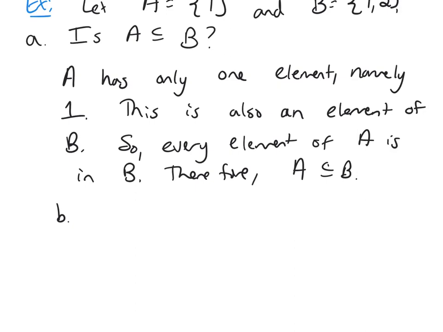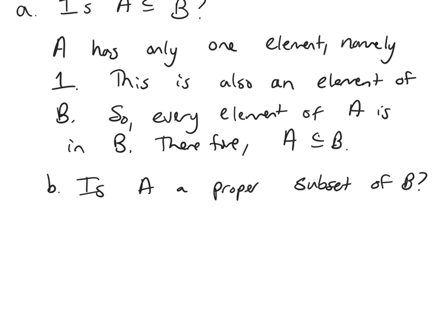Okay, so now let's ask, is A a proper subset of B? Well, there are two conditions to be a proper subset, and the first one is that it needs to be a subset.